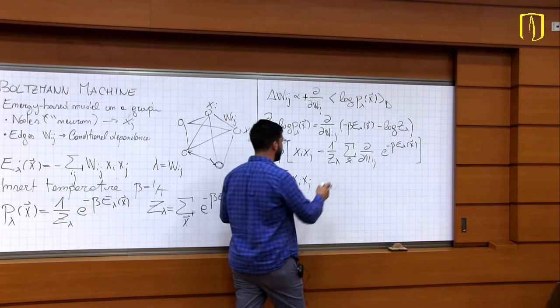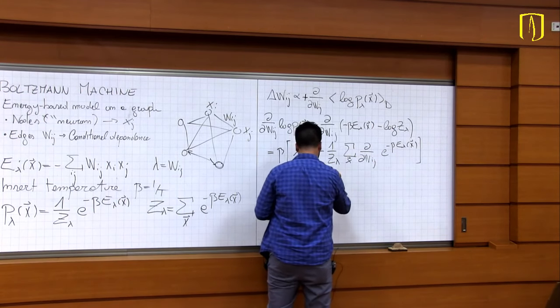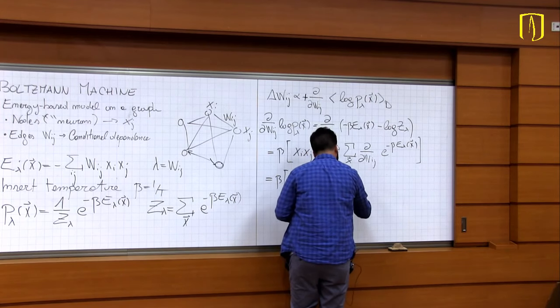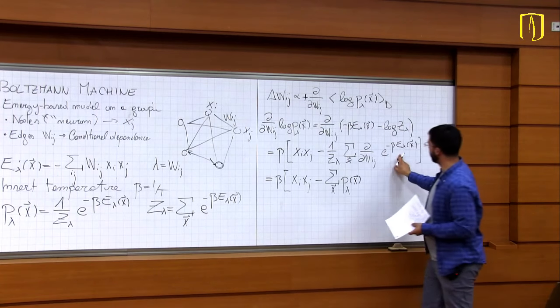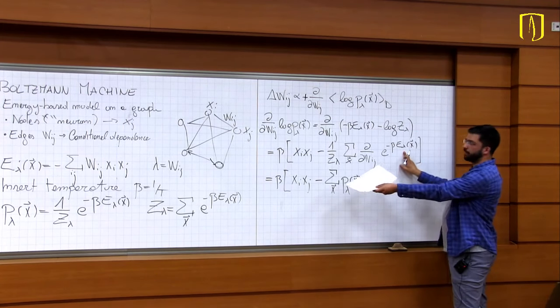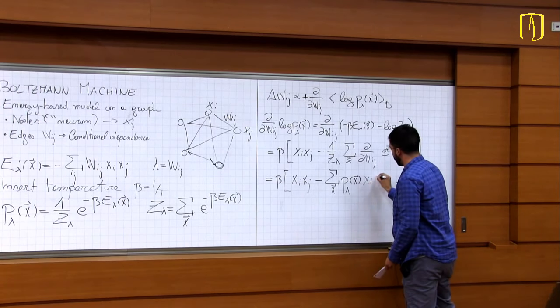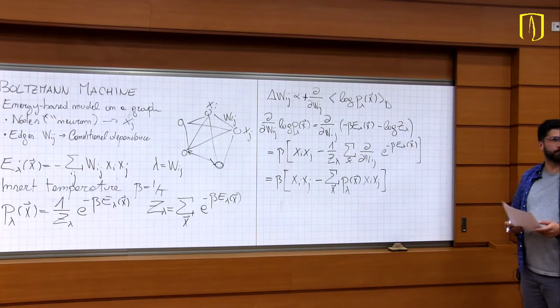Essentially, e divided by z is just the probability. So I get p lambda of x, and again I take the derivative, I get two minus signs, and I get the derivative of e again. So it's the same correlation, xi, xj, right?